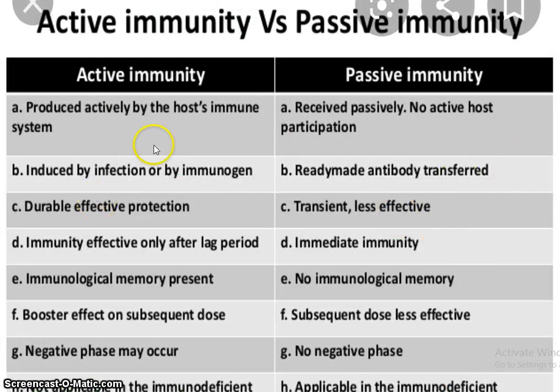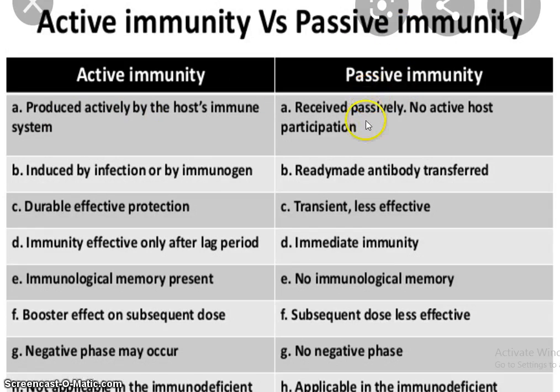Now here we will study the difference between active immunity and passive immunity. As we studied in the last slide, here the host, our body, produces antibodies actively against the antigens.